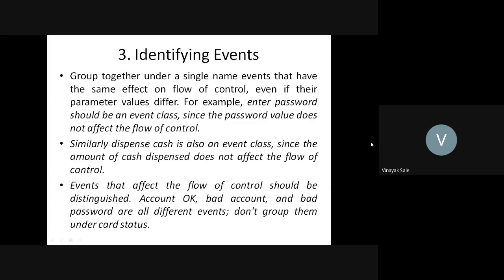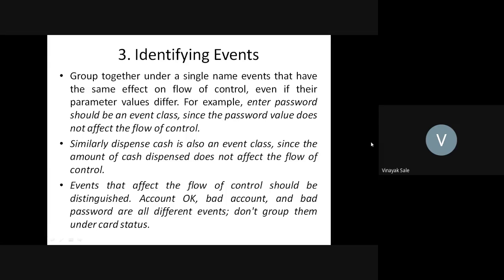So group together under a single name events that have the same effect on flow of control, even though the parameter values differ. For example, enter password should be an event class since the password value does not affect the flow of control.